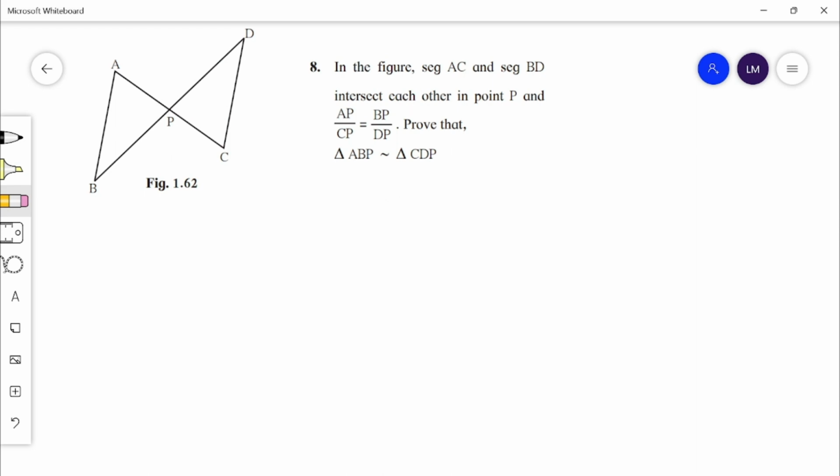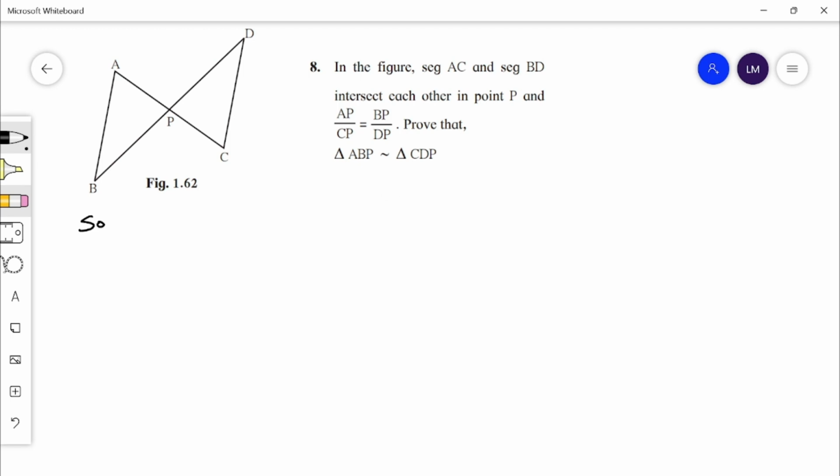In the figure, seg AC and seg BD intersect each other in point P, and AP upon CP is equal to BP upon DP. So, we have to prove that triangle ABP is similar to triangle CDP.